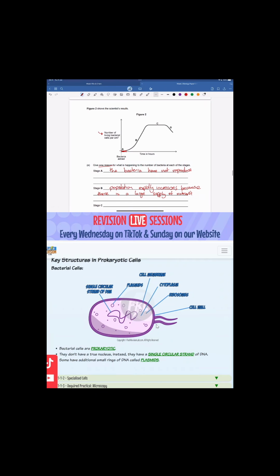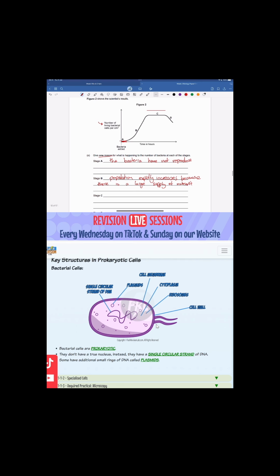Right, stage C. Thanks, Sean. So what's happening at stage C? This is where it's staying completely constant, flat. Yes, there's a lot of nutrients, but there comes a stage where the population is so large that the bacteria cells start to die. And the amount that are dying is the same as the new ones being created.